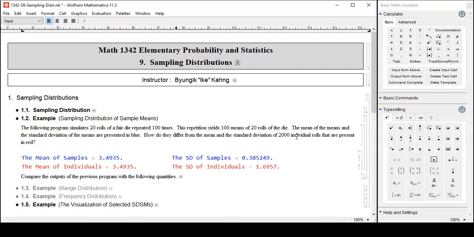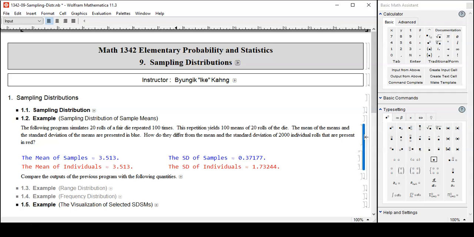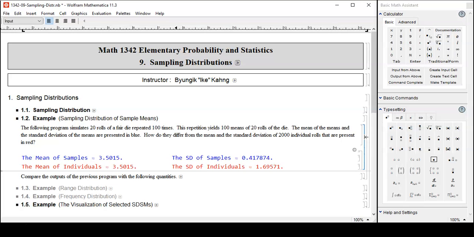And then the simulated experiment gives you two very different values. This program is randomized, so you get slightly different results, but each time I run, the mean of means versus the mean of individuals are the same. But the standard deviation of means and the standard deviation of individuals are very, very different.